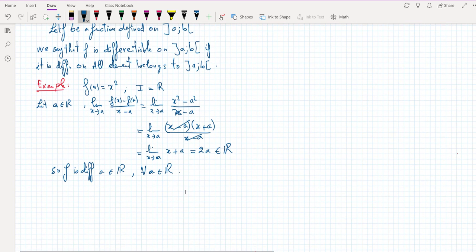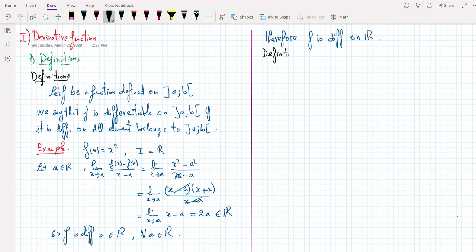That means, let f be a function defined on an interval AB, AB closed.